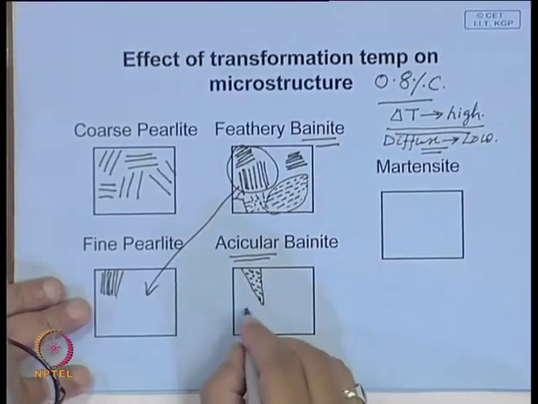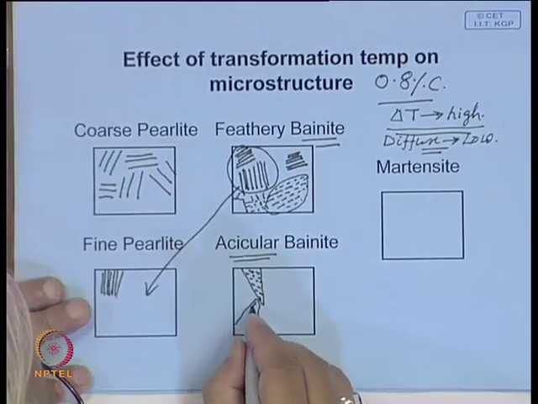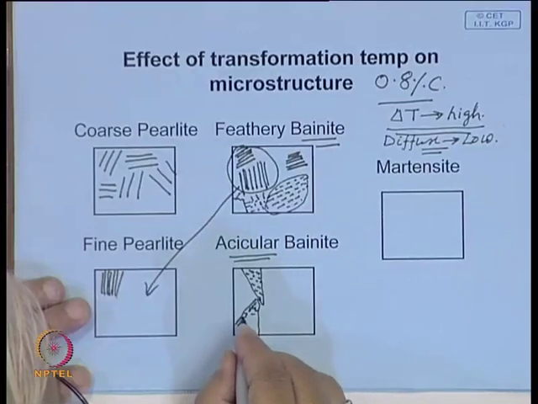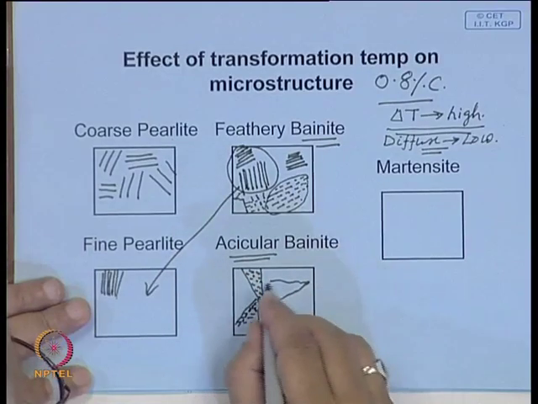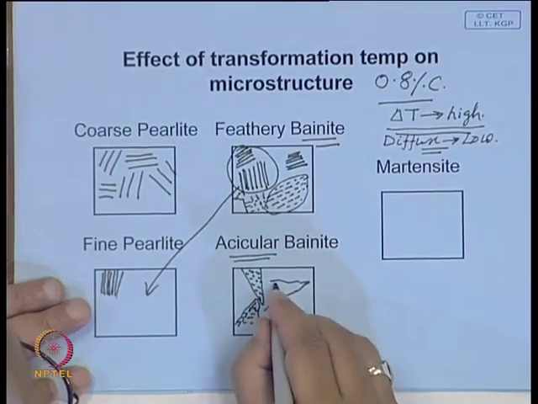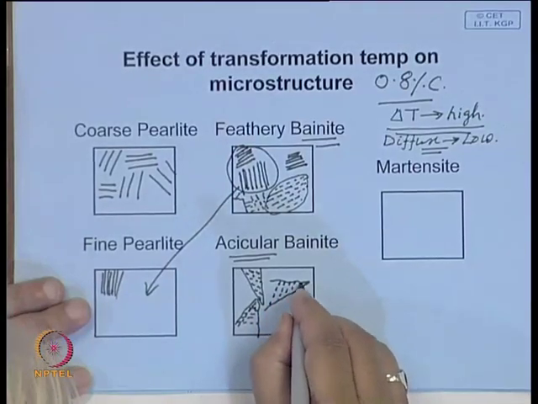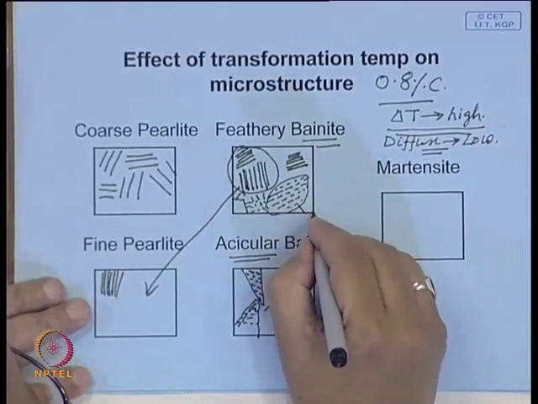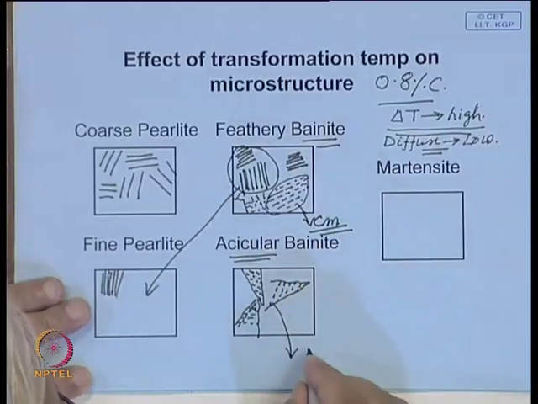Within these plates of ferrite, the carbon atoms form at a particular angle, which means needle like. If this is the shape of a ferrite grain, you have this carbide precipitated like this, and I think it was mentioned this carbide here is cementite, and this carbide is called epsilon carbide.